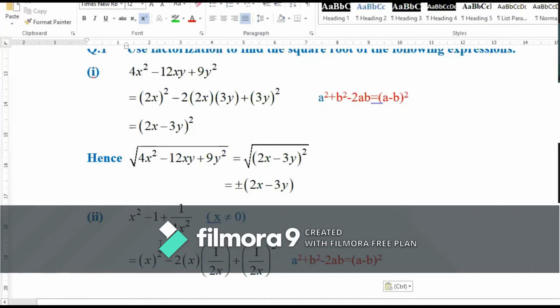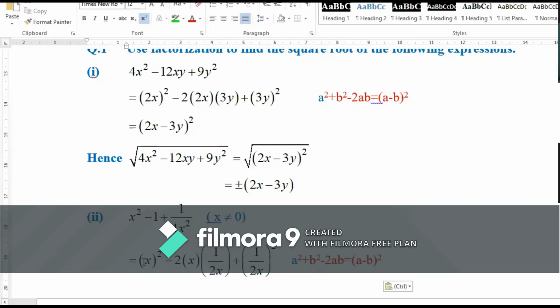Once you put it into the formation of the formula, you will write minus 2 yourself, then x as the first term, and the second term is 1 over 2x. You have to multiply the two terms with 2, because the formula requires 2 times first and second term, and the first and second terms will always be within the perfect squares.